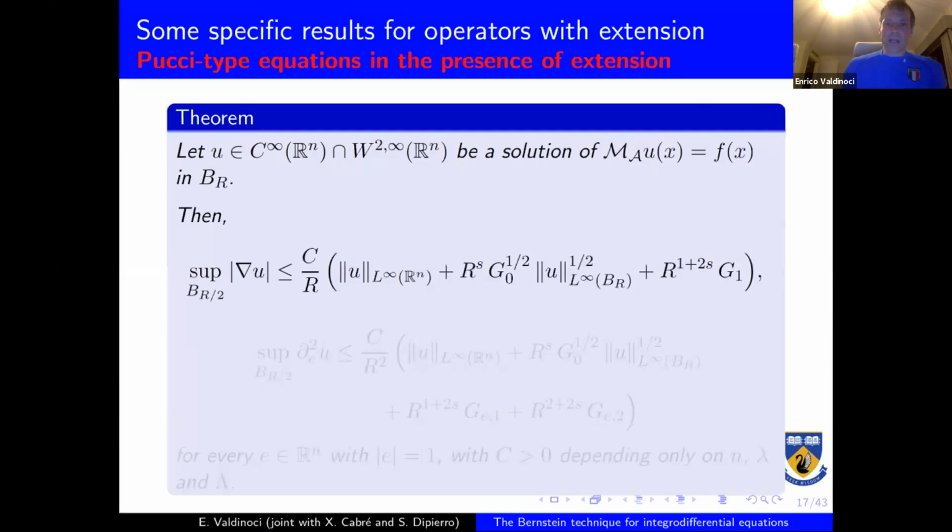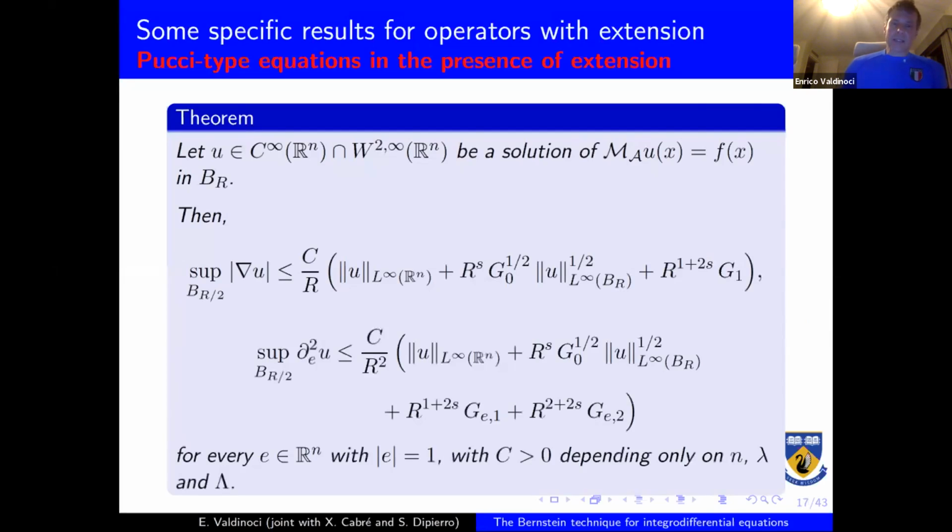And you have kind of a neat result that says that the gradient has an interior bound controlled with the infinity norm of the solution and the structural constants. And also the second derivative has a one-side bound. One side because I'm not putting the absolute value here, I'm putting just the full second derivative. Again, it's bounded by objects that depend on the structural constants and on the L infinity norm.